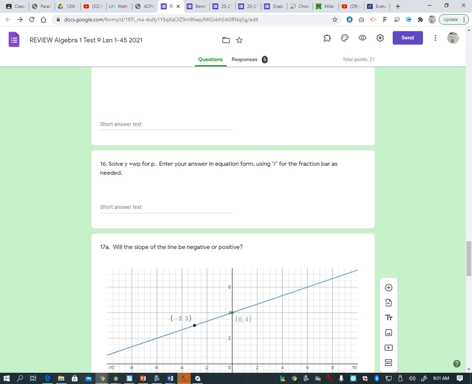16 is a good one because it kind of goes back to that other question where we have multiple variables. Solve y equals WP for P. Okay, we want P by itself. Y equals WP. How do I get P by itself? Divide by W. All right, so what does P equal?